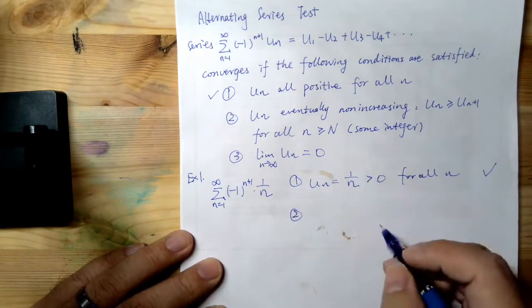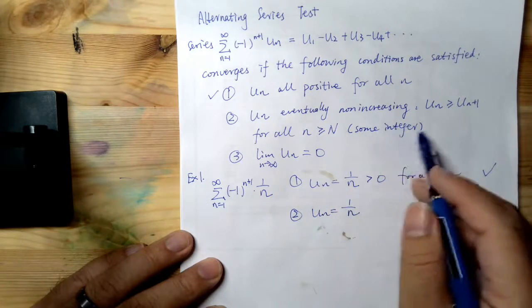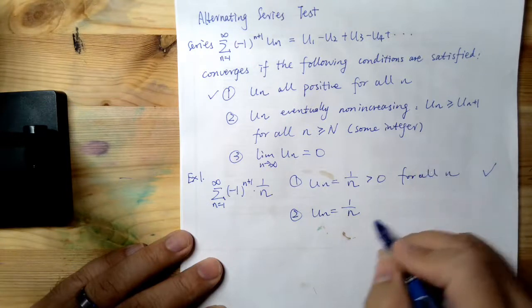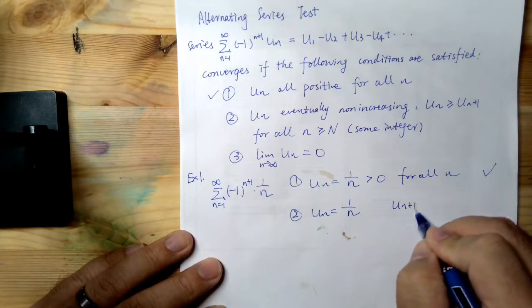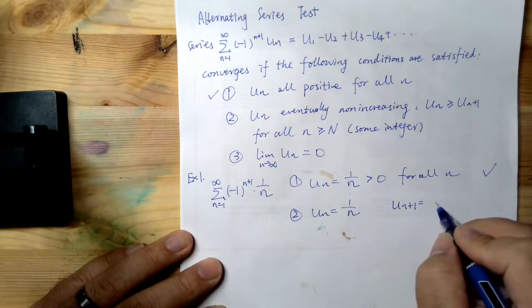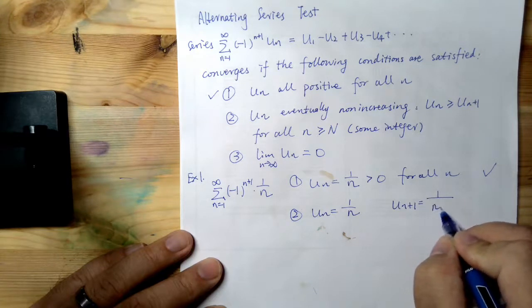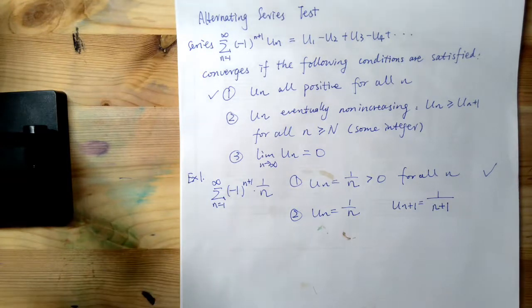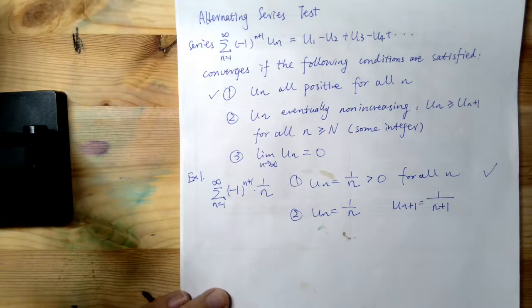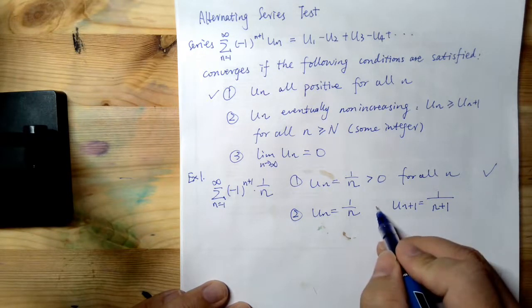And then 2, I want to show that u_n, which is 1 over n, is eventually non-increasing. As you can see, u_n is 1 over n, and u_(n+1) is 1 over n plus 1. So apparently this inequality holds.